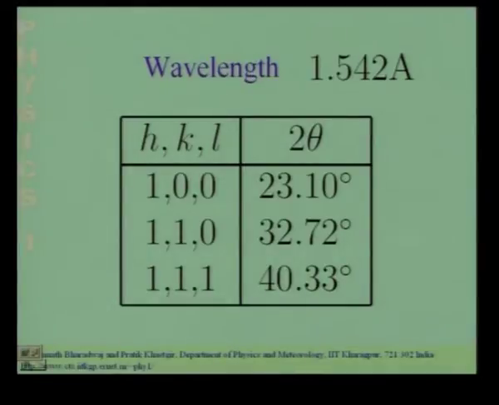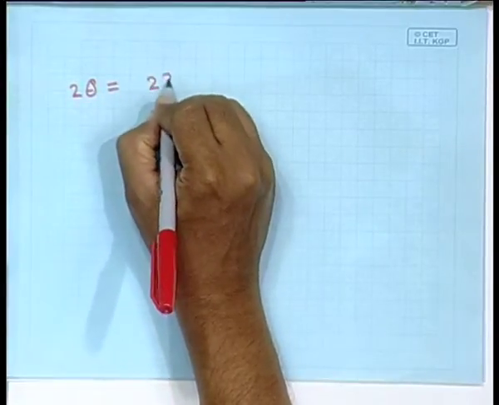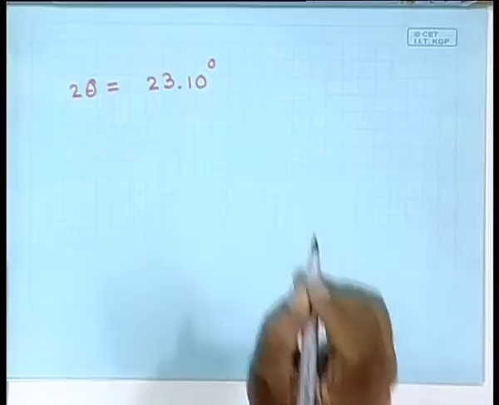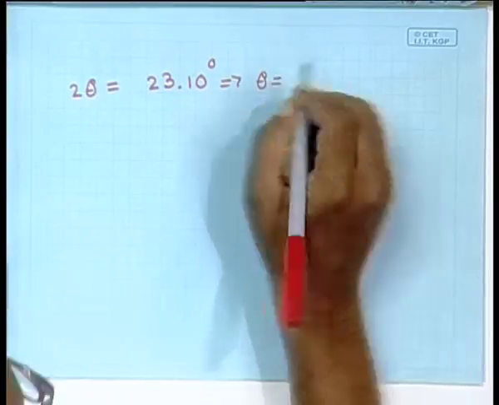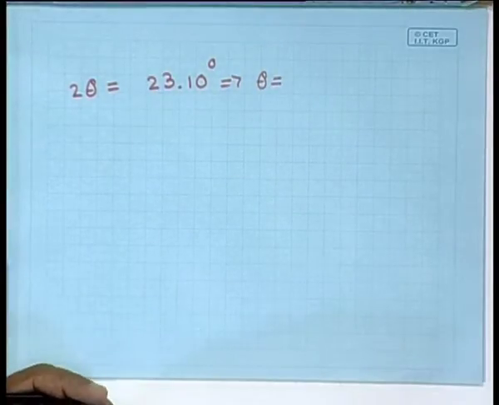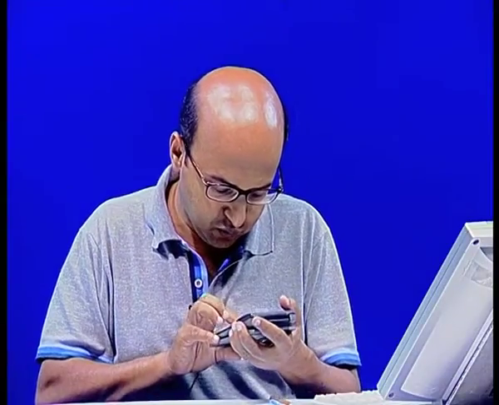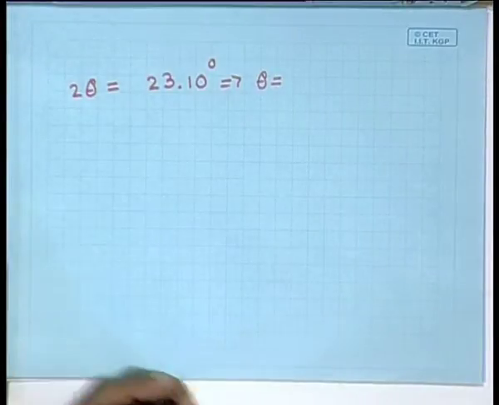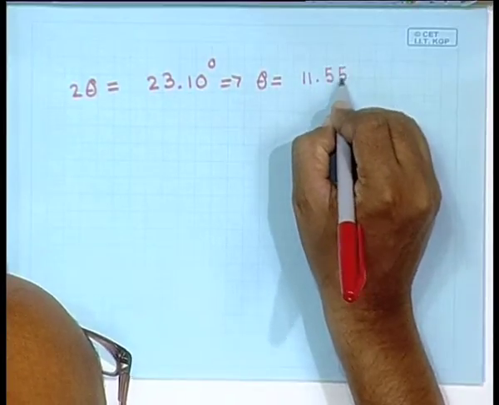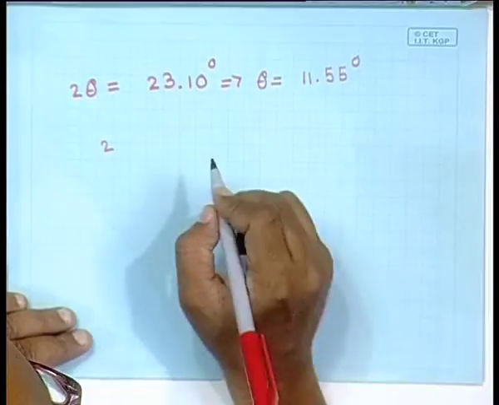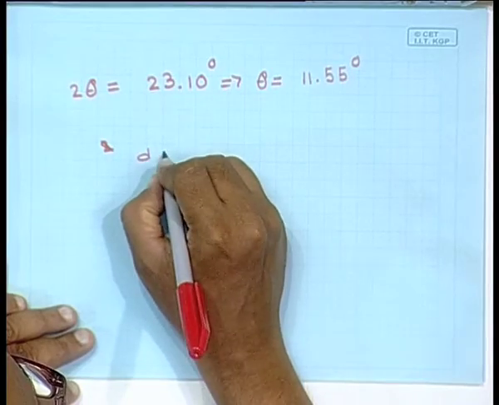So, 2 theta is 23.10 degrees, which means that theta is 23.1 divided by 2, which gives us 11.55 degrees.